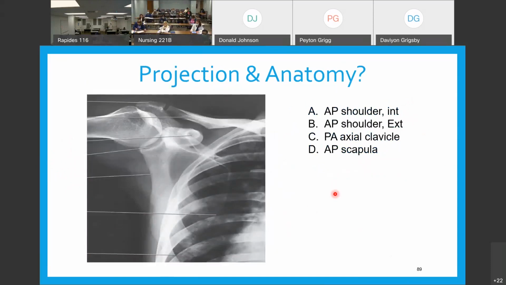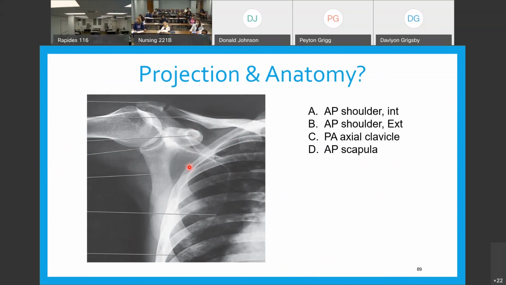All right, now here's another one. What do we have here? Look where the arm's at, guys. It's doing this again. We center it, then you find your crosshair. It's about 2 inches below the coracoid.